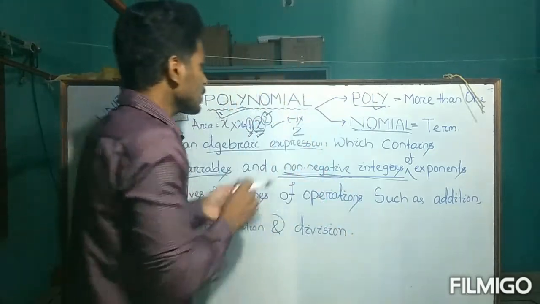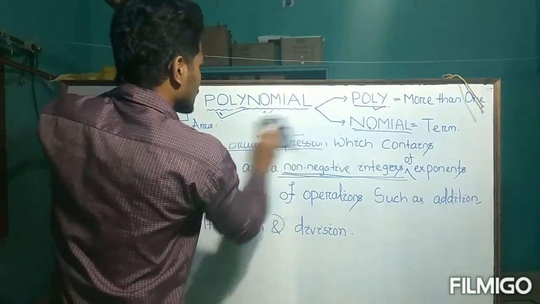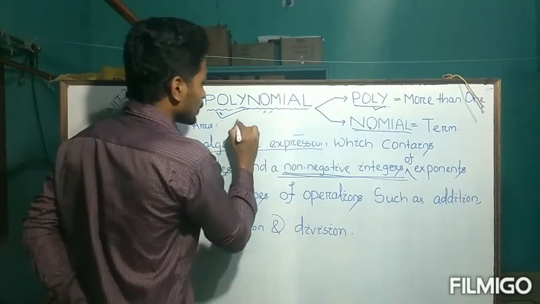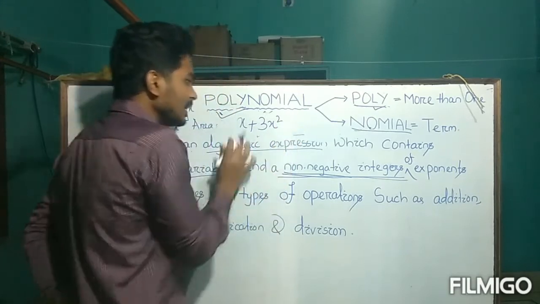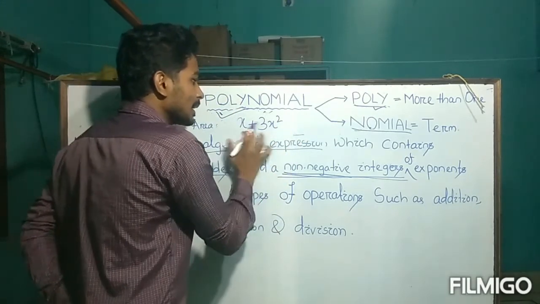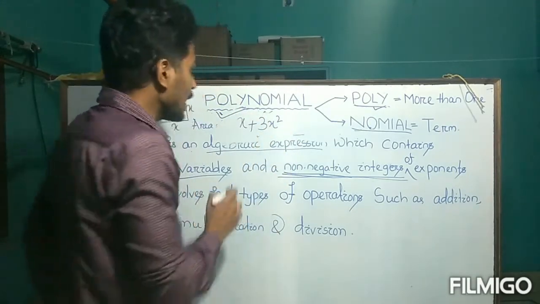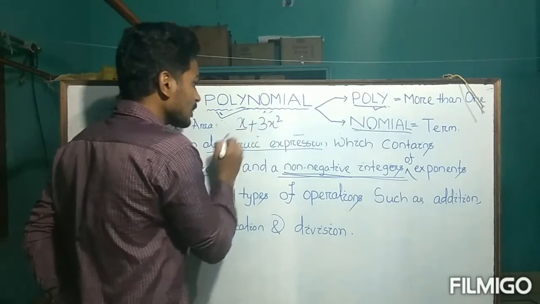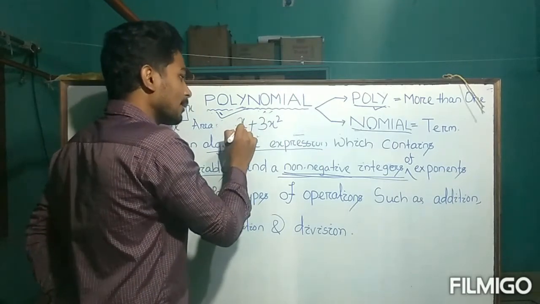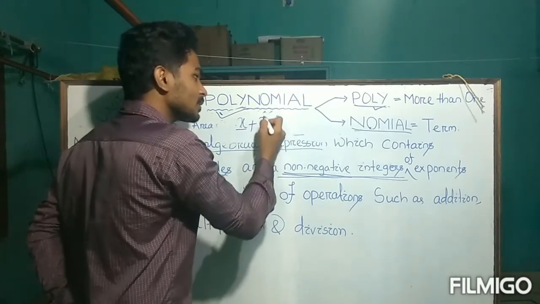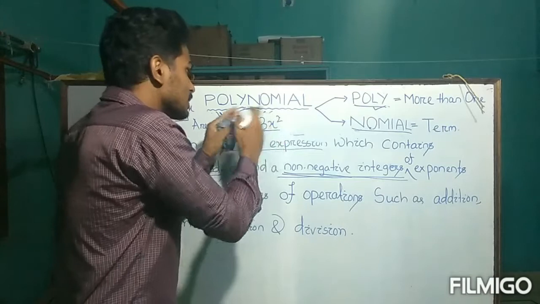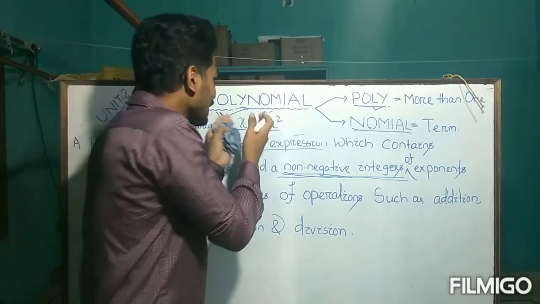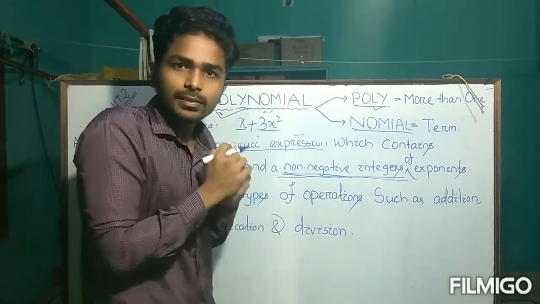Suppose we take another expression, x plus 3x square. See, it has how many terms? It has two terms. The first term has coefficient, variable, and exponent. The second term also has coefficient, variable, and exponents. So these algebraic terms are undergoing addition.